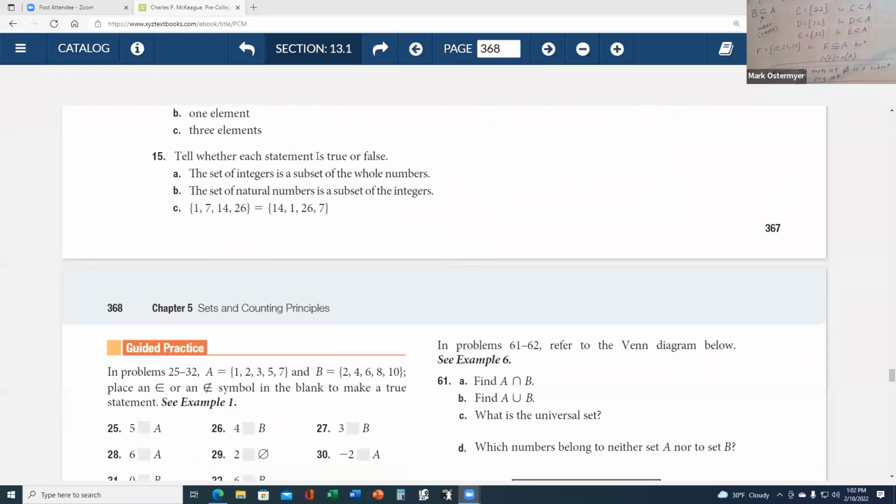Tell whether each of the statements is true or false. The set of integers is a subset of the set of whole numbers. Is that true? Is every integer a whole number? Is the set of integers a subset of the set of whole numbers?